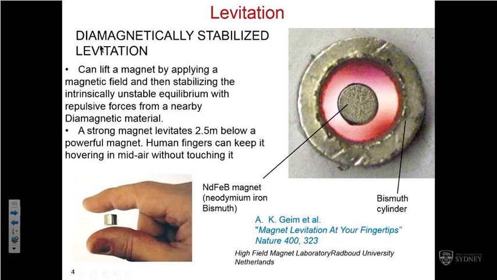It's relatively newly reported, probably in the last 10 years or so. They can also hold a magnet in the center of a diamagnetic material that's also subject to a magnetic field. So that's 3 kinds of levitation that people are able to do.